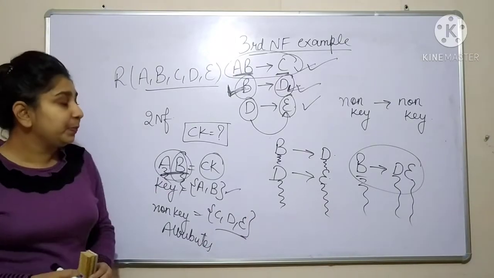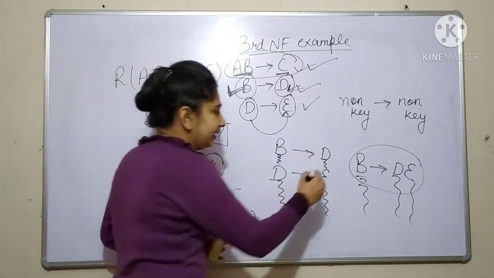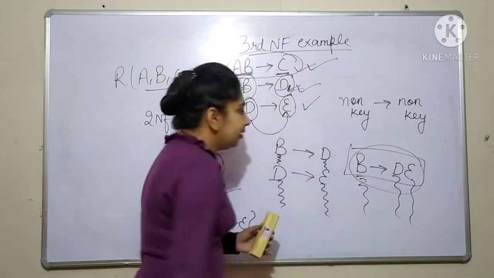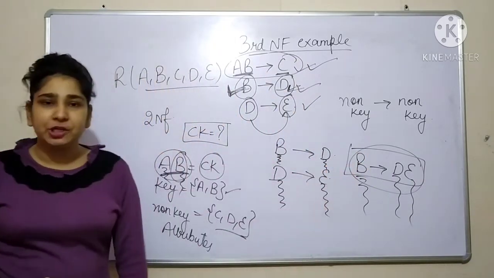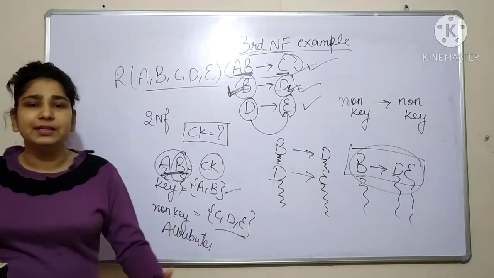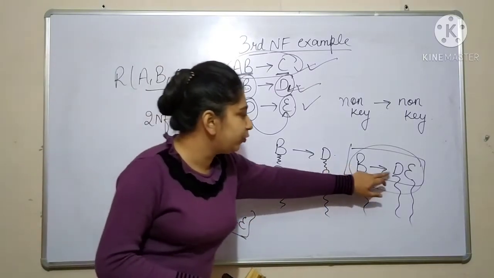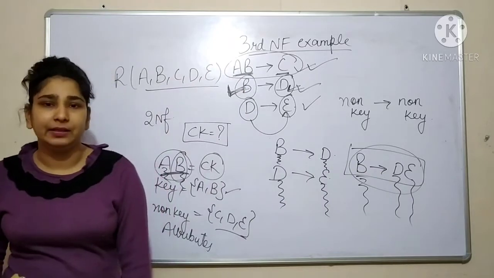So there is duplication in these three attributes B, D and E. There is a lot of redundancy present in them.